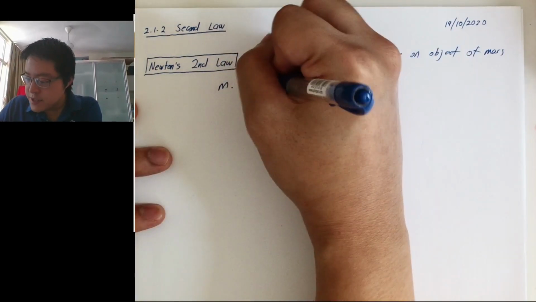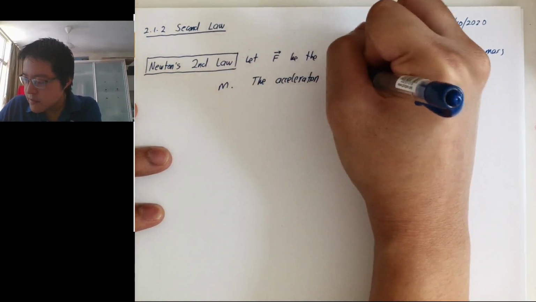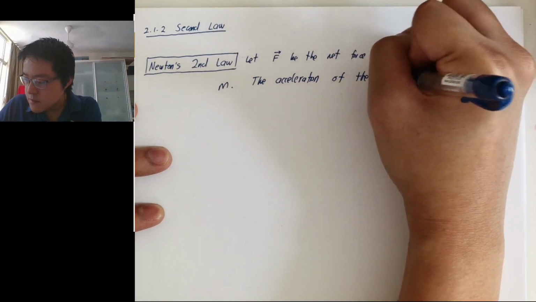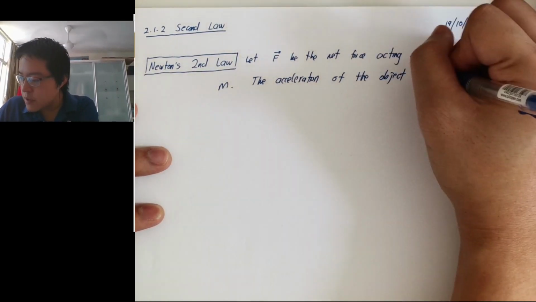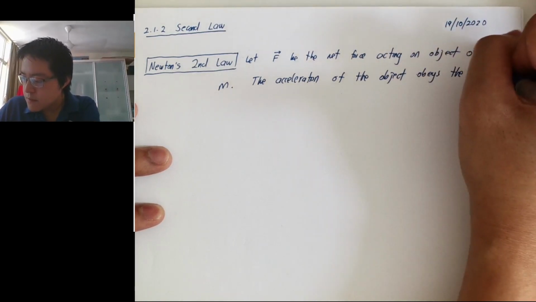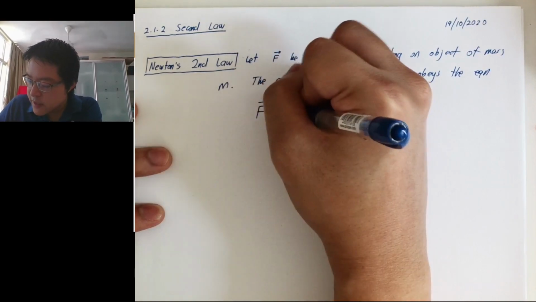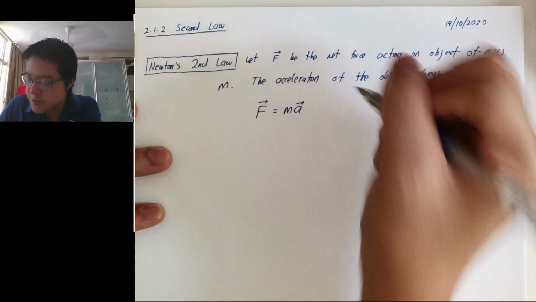Then the acceleration of the object satisfies the equation F equals ma. So this is force, and then mass times acceleration.